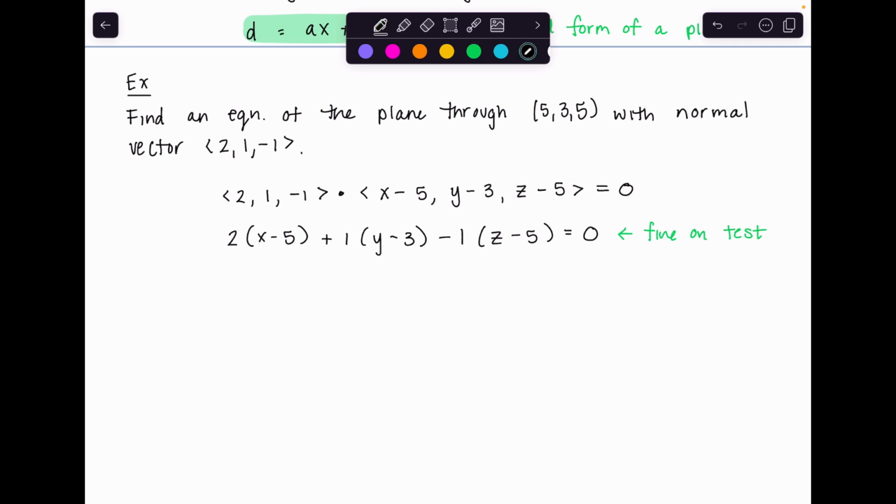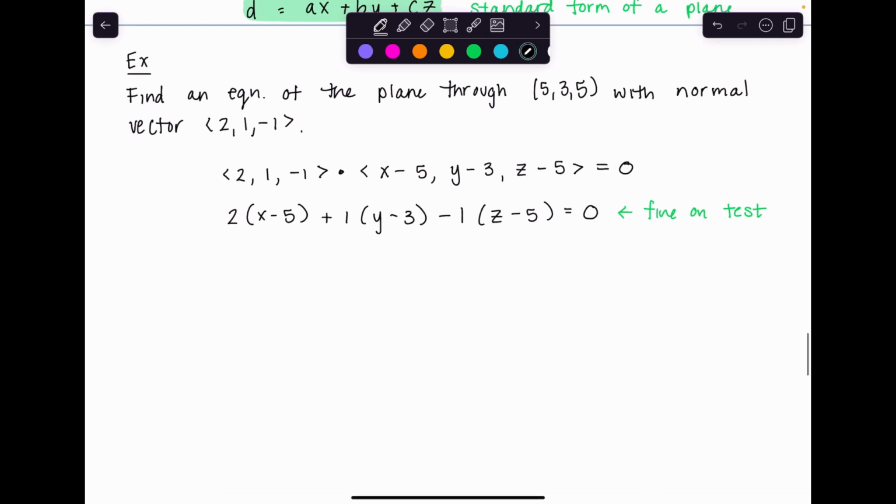But if it does say put in standard form, especially in your homework, you do have to go through and rearrange this. So all that means is let's distribute all of these out. So that's 2x minus 10 plus y minus 3 minus z plus 5 is 0. Combining the like pieces, minus 10 minus 3 plus 5 will give us a -8.